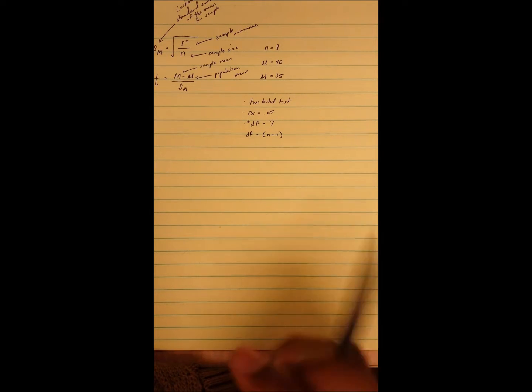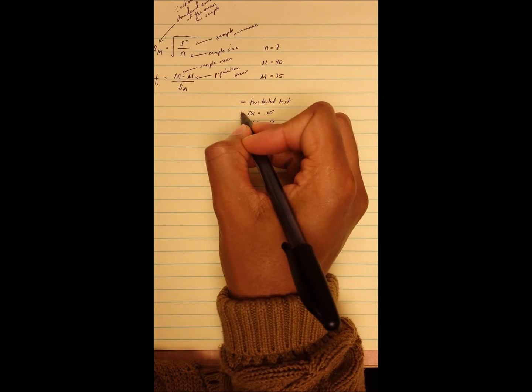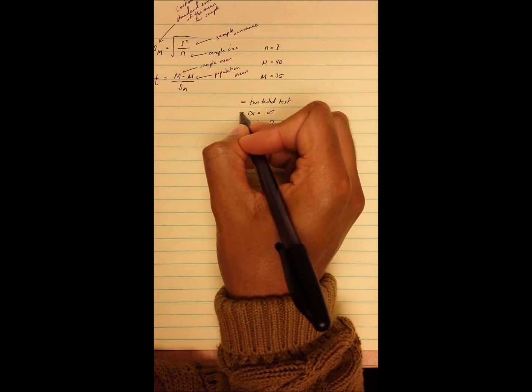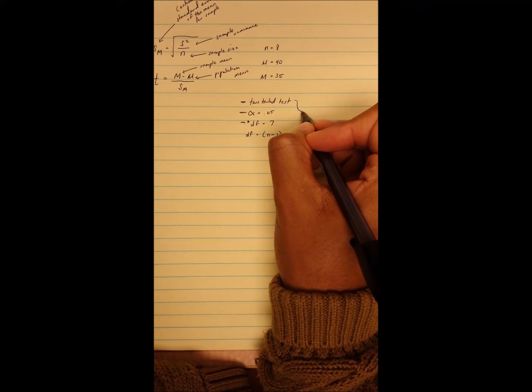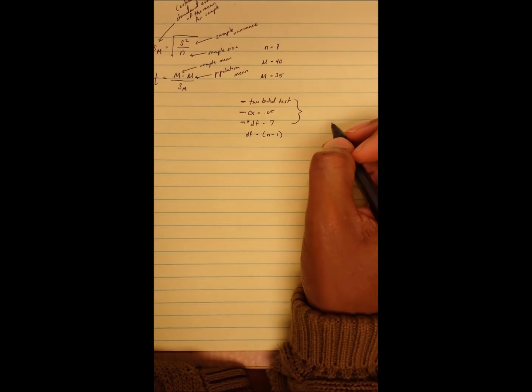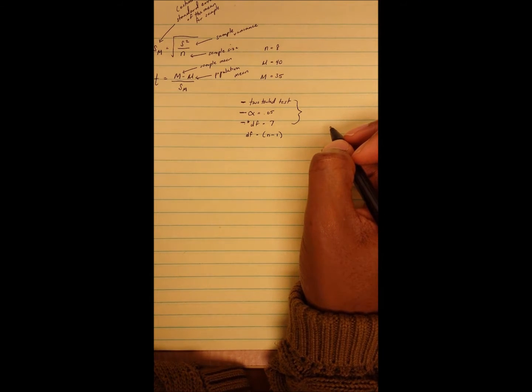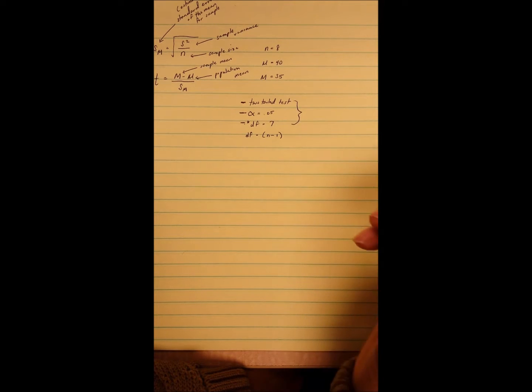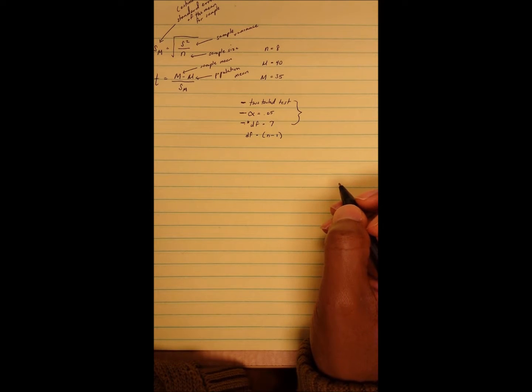Okay, so these are really important because these are going to allow you to obtain your critical T located in the back of your book. Okay, and that critical T is going to be really important in terms of accepting or rejecting your null and research hypotheses.